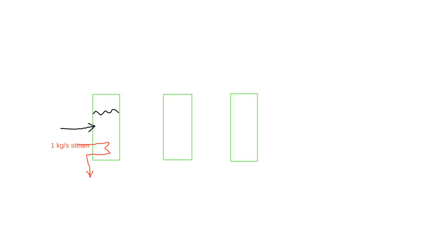And what you'll do is try and pump this in. So let me go back to black and draw a pump in there. Okay. So you push up the pressure here to, let's call it 4 bar.